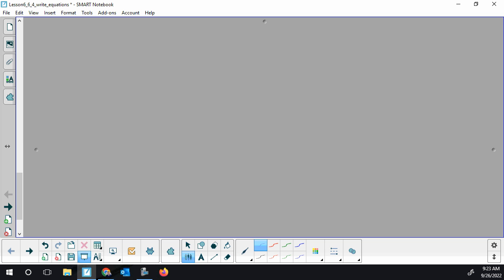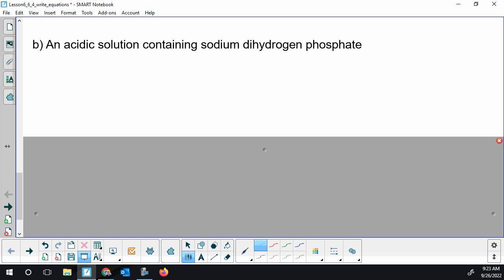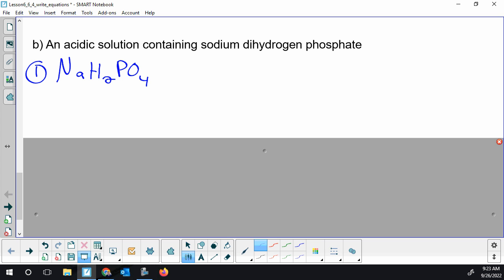What makes it jump out to me as being ionic is the fact I have sodium. That's a metal ion. Okay. And that could be a solid or aqueous, and then we do the dissociation.